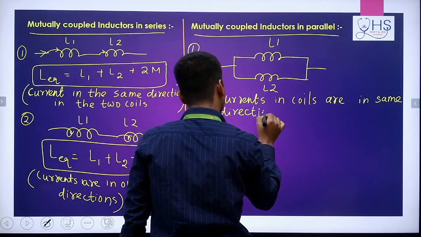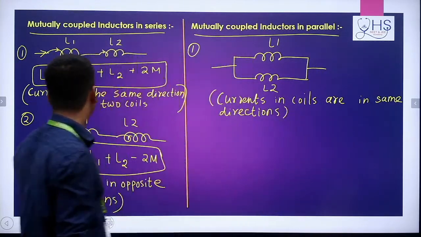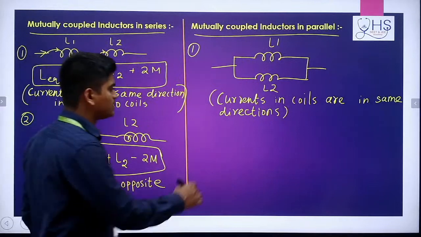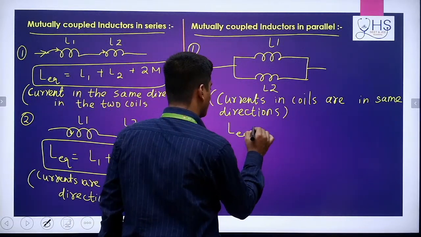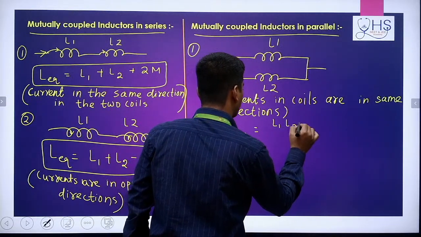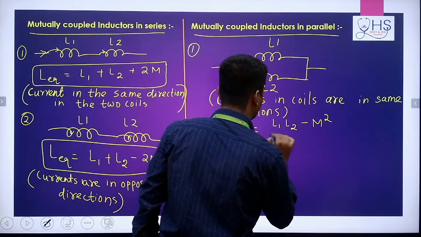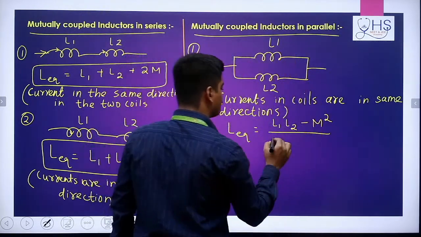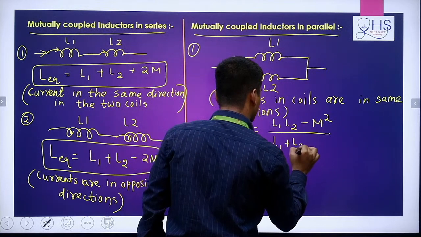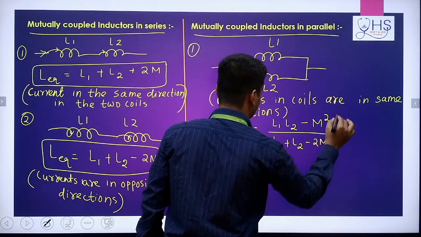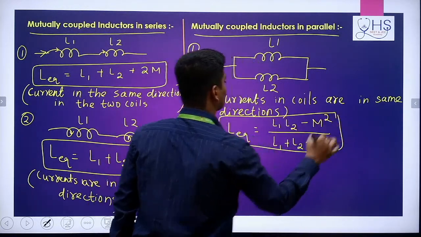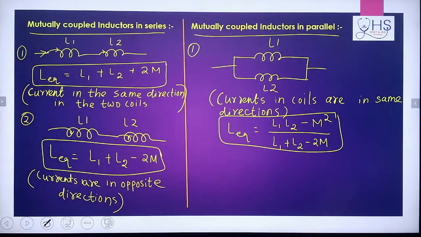Then L equivalent I'll write as L1 into L2 minus the mutual inductance between the coils, that is M square, divided by L1 plus L2 minus 2M. This you have to remember if currents are in the same direction. That means two magnetic fields are supporting each other.